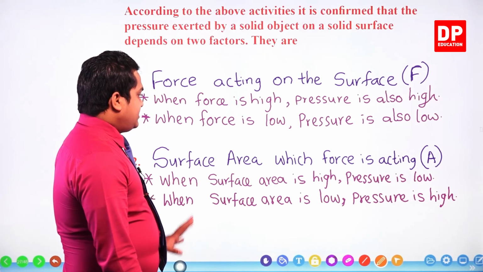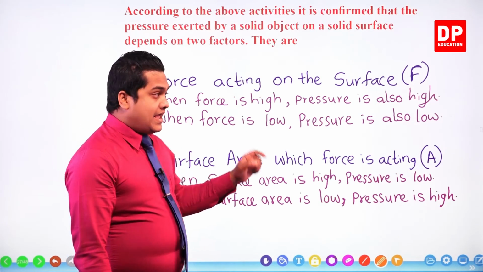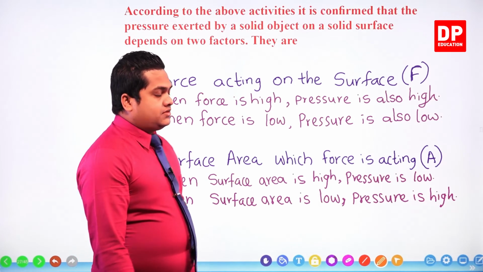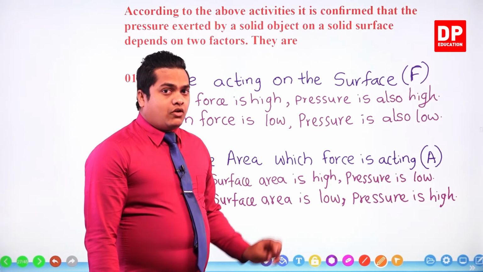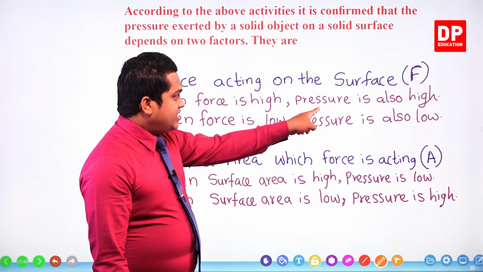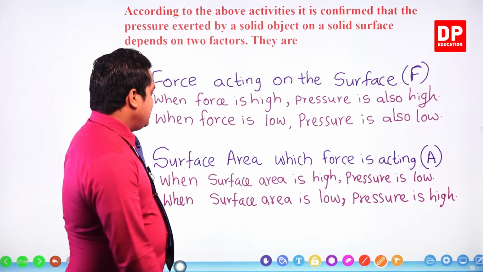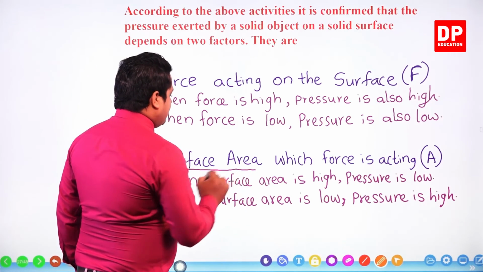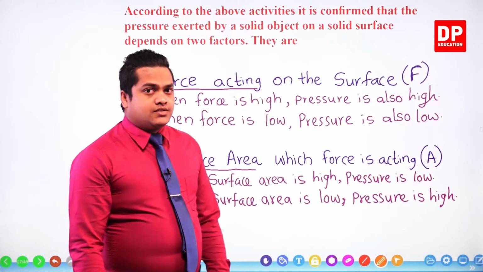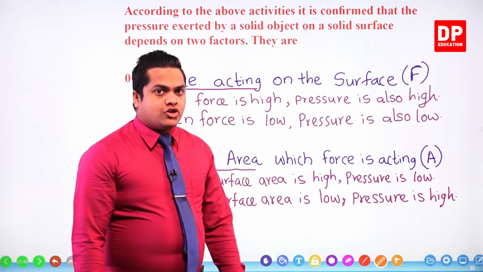So my dear children, this is how the surface area on which the force is acting and the force acting on the surface work with the concept called pressure. So in simple terms, surface area and the force acting are the two factors that affect the concept called pressure.